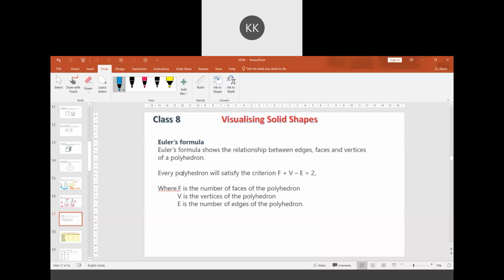The sum of the number of faces plus the number of vertices minus the number of edges will always be 2. In some books, you can also find the relation F plus V is equal to E plus 2. Both are one and the same. They took this side transposed and made it plus.